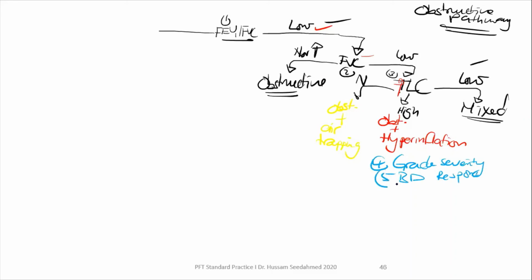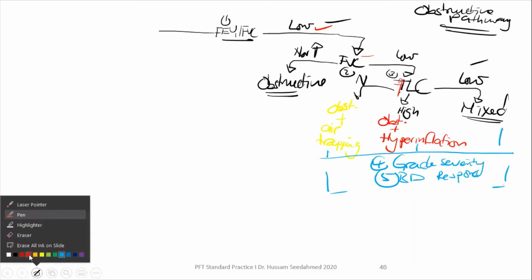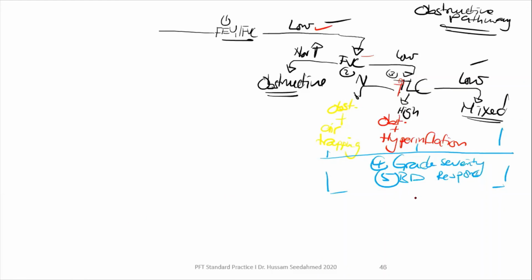So خطوة 4 وخطوة 5 للثلاثة ديل what you are going to do is to grade the severity and the bronchodilator response. طيب after that you can do further testing like we can do for example we can do the DLCO.